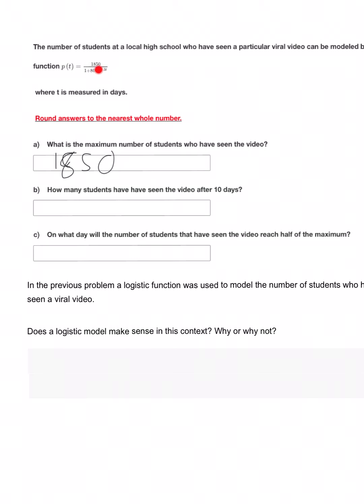Also put the entire exponent in parentheses to make sure that it is e to the negative 0.3t as opposed to e to the negative 0.3 times t. If you have the newer calculator, it shows you nice boxes and where things are, so that's friendly. But if not, be careful. Add parentheses. So we plug in 10, and we get about 371 when rounded to the nearest whole number, as it says in this particular problem.